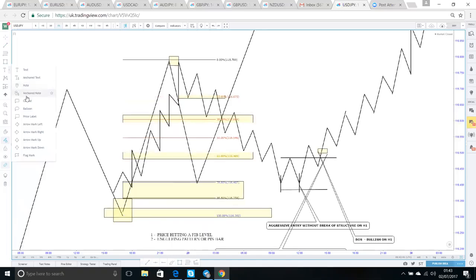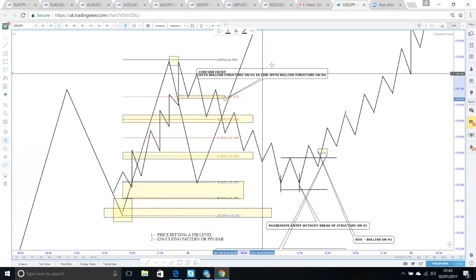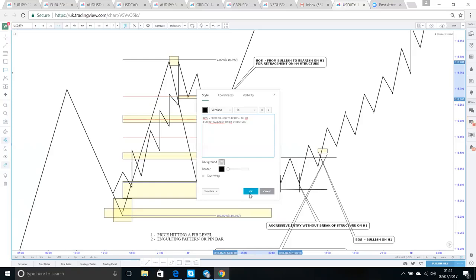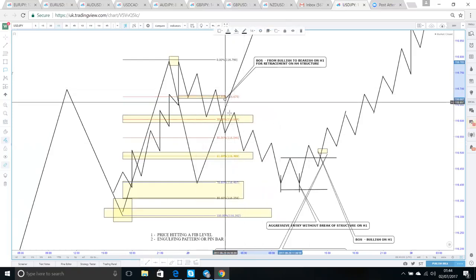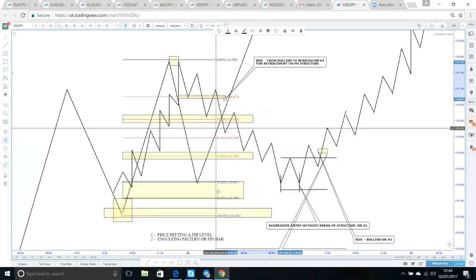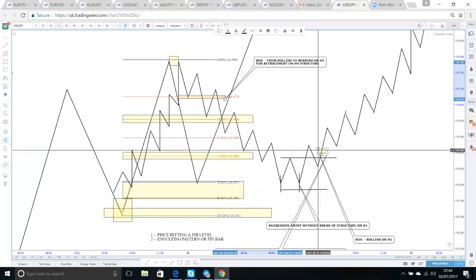Break of structure from bullish to bearish on an H1 gives you a retracement move. Guys, understand this. And where would you exit the trade? The moment that structure changes on an H1 again. Here. Make sense, guys? Yes?